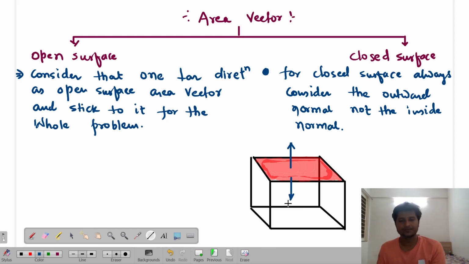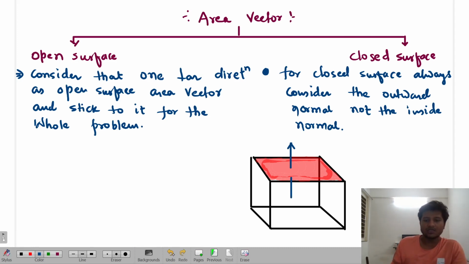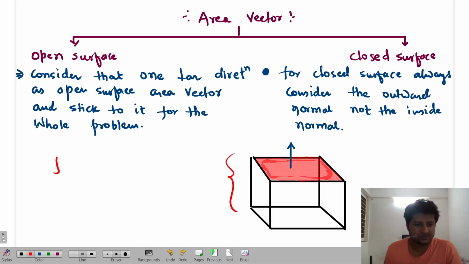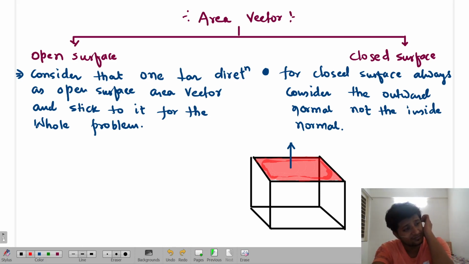Are you able to get me or not? Always you have to consider which normal? Only the outward normal. Whenever you have closed surfaces, always consider the outward normal for any closed surface. Never consider the inside normal.